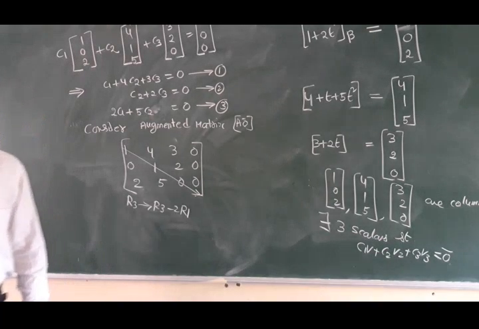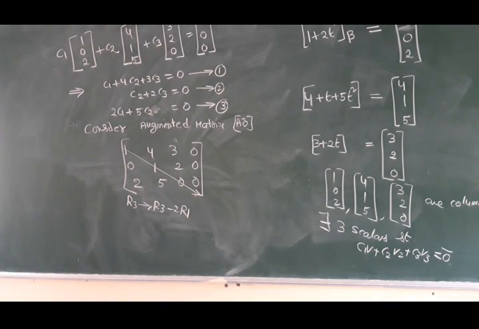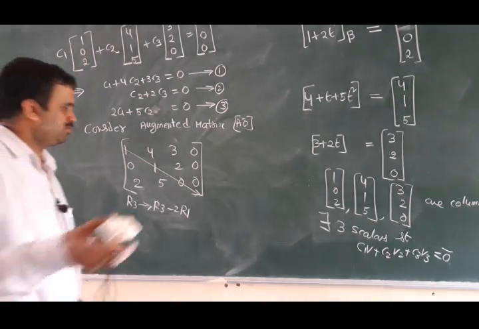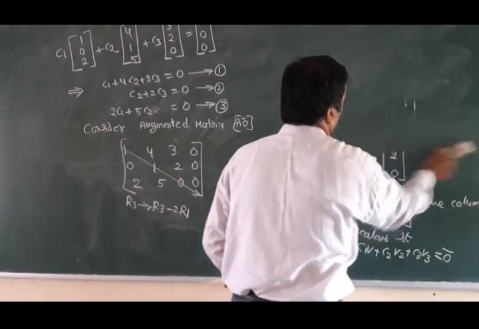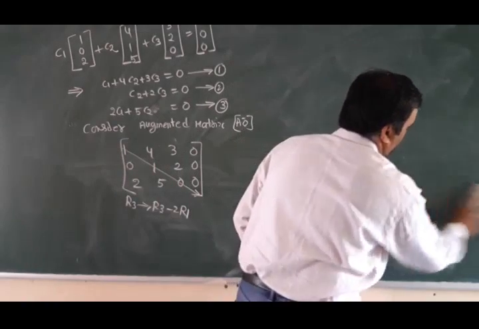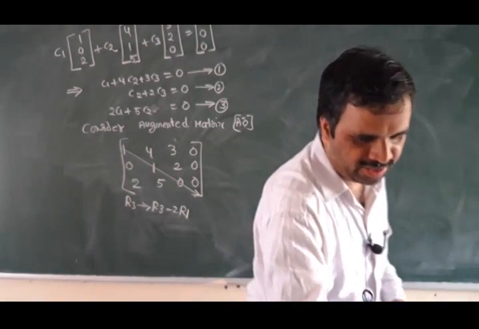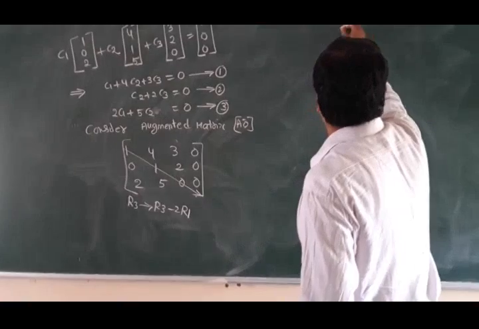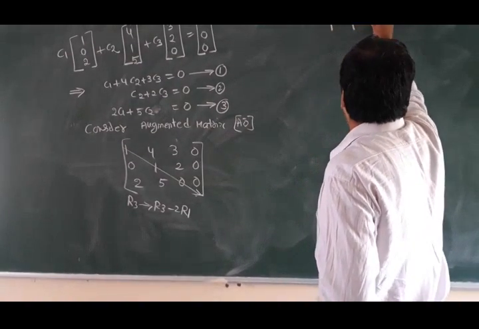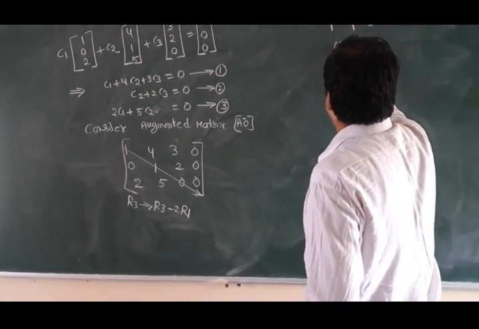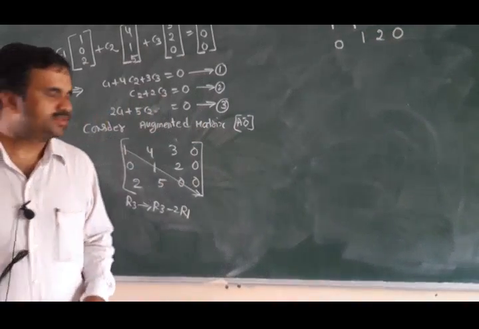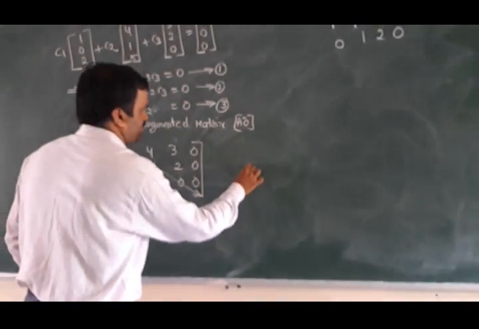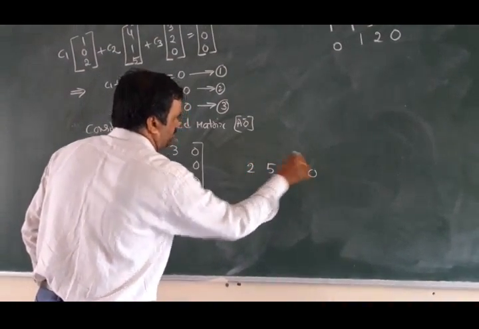So, first row and second row as they are: 1, 4, 3, 0 and 0, 1, 2, 0. Third row is R3 minus 2R1.